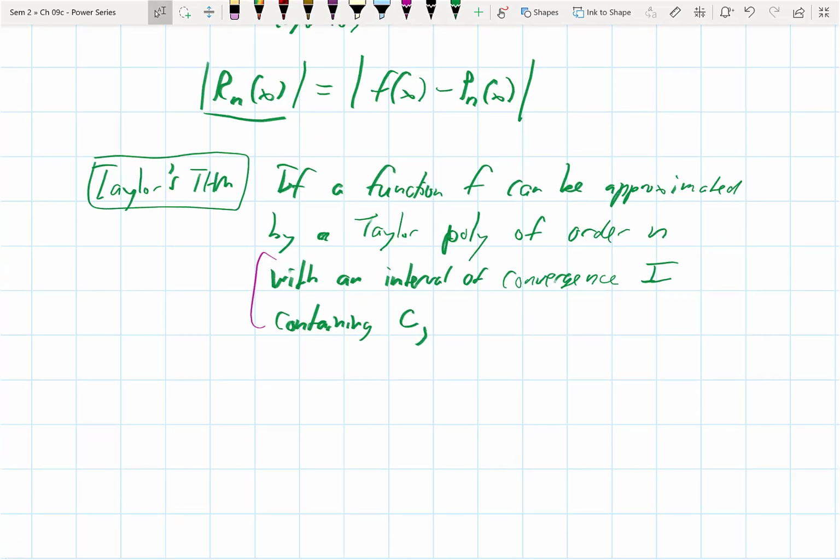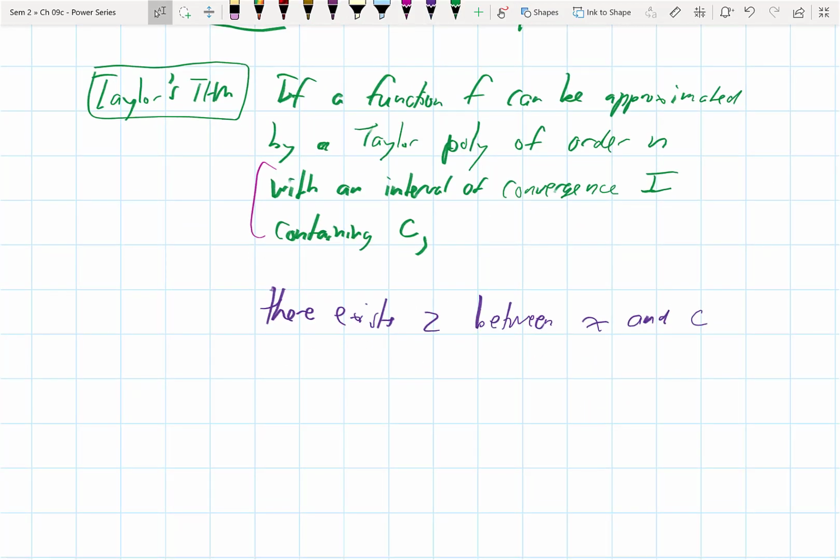So with an interval of convergence containing my c value, in this case c was 1, if this is all true, then what I can say is there exists a z between x and c, so between my actual value and the value that I'm centering around.